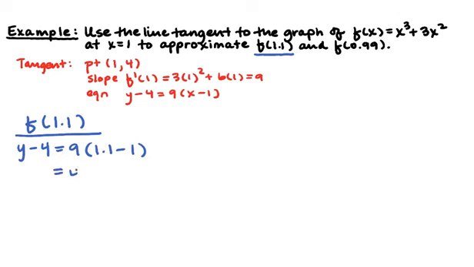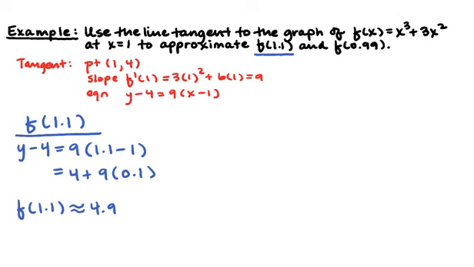And that's going to be 4 plus 9 times 0.1. And so I can say from there, that's going to be 4.9. I can say f of 1.1 is not equal to, but approximately equal to 4.9.